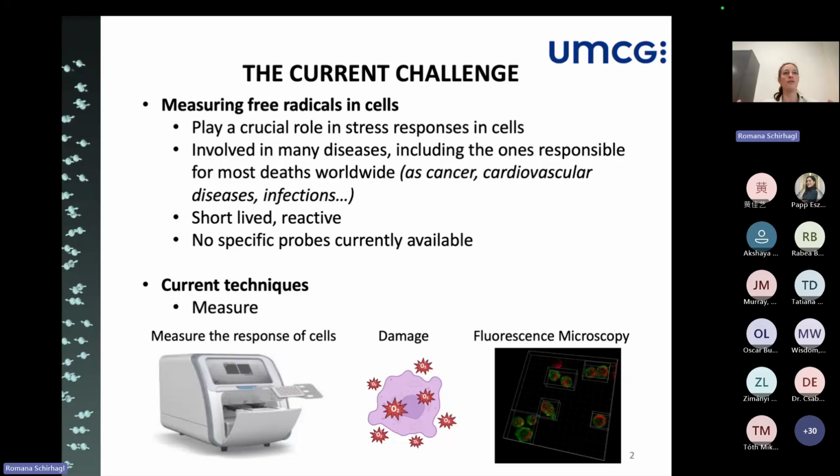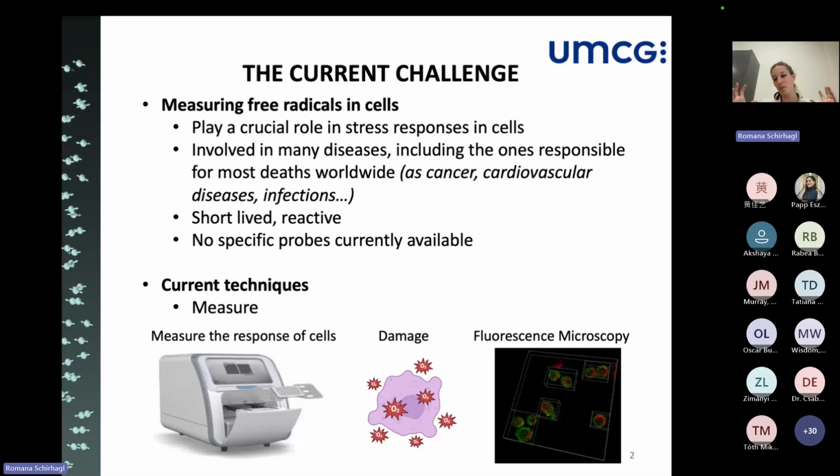Or we have a group of methods that basically measures the damage that they leave behind. And then we have the group that is closest to measuring directly, and this is fluorescent dyes. They react with the radicals and then change color, for instance.